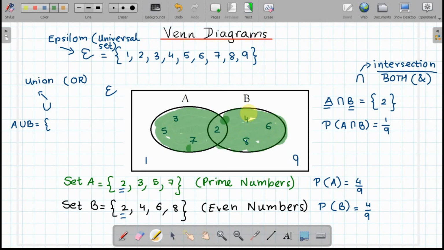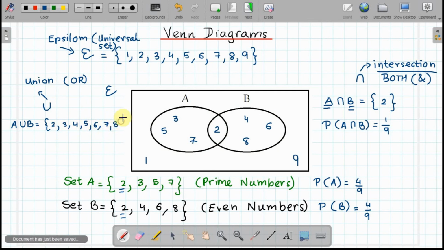So it's either in A or in B. So that would be all of those numbers: 2, 3, 4, 5, 6, 7, and 8. Just get rid of the shading, and there we go. Those are the elements of A union B.